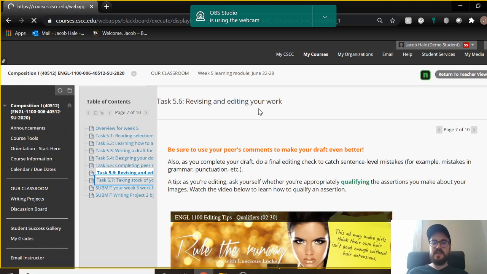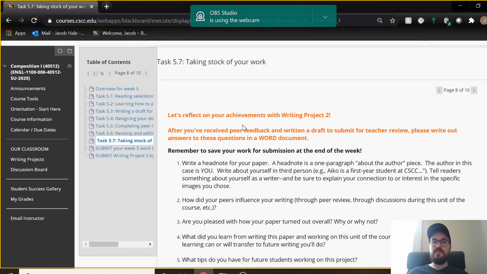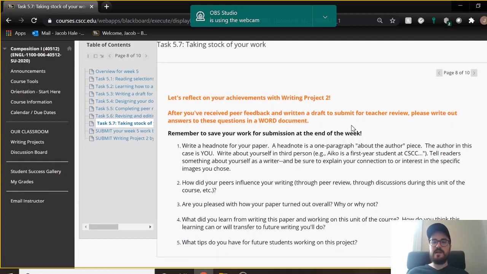Task 5.7 is, besides your final draft of writing project 2, the main piece of writing that you'll be submitting. You'll just be reflecting on the writing process and on the feedback that you received. I think that this is an important part of the writing process. It's usually not enough to just write a draft and be done with it.